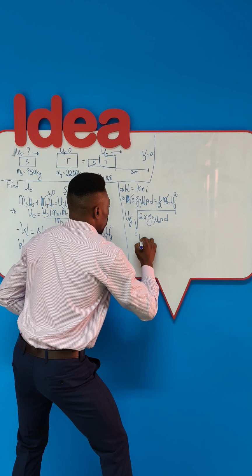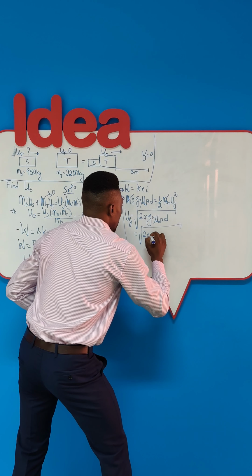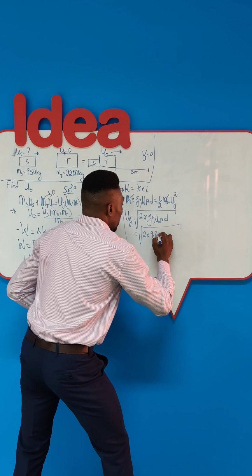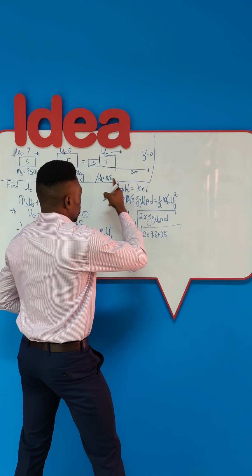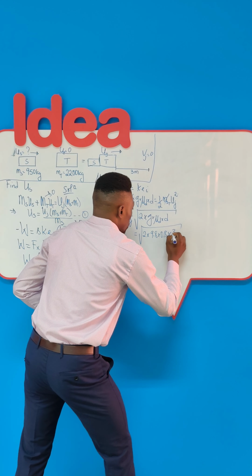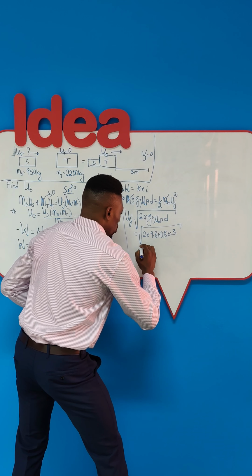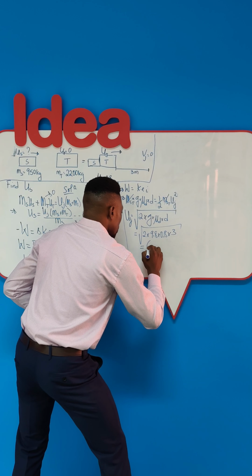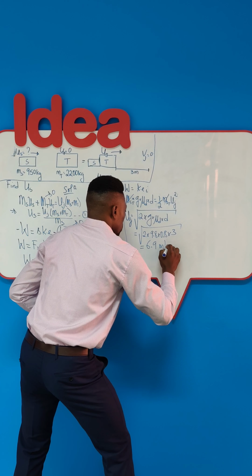So this will be equal to the square root of 2 times 9.8 times 0.8, which was given, and then times the distance 3. If you correctly punch this in, this should give you 6.9 meters per second.